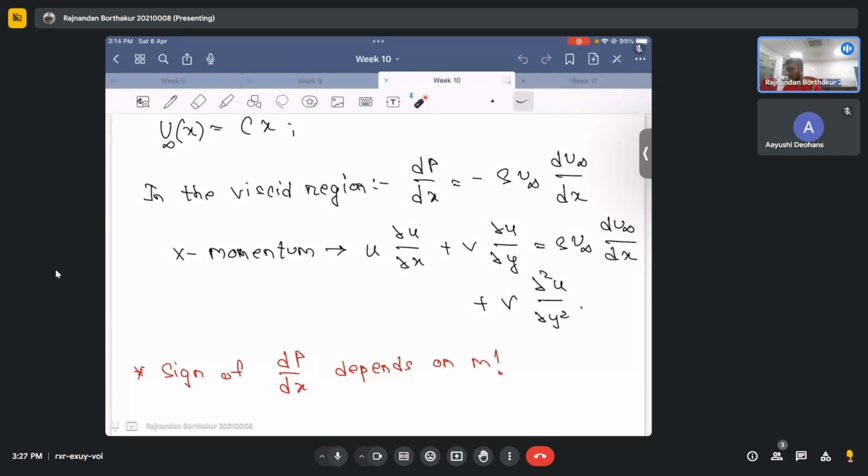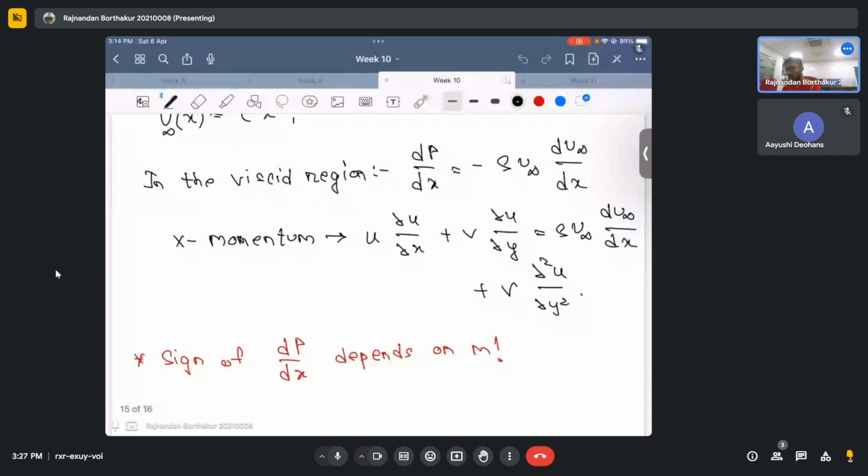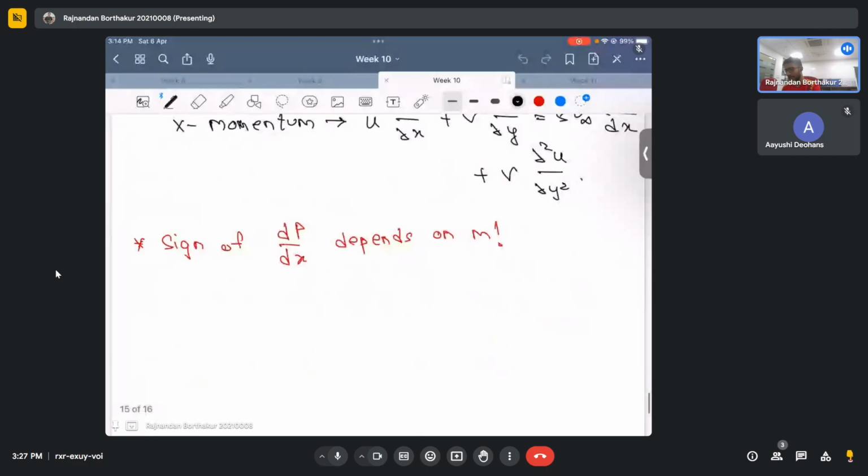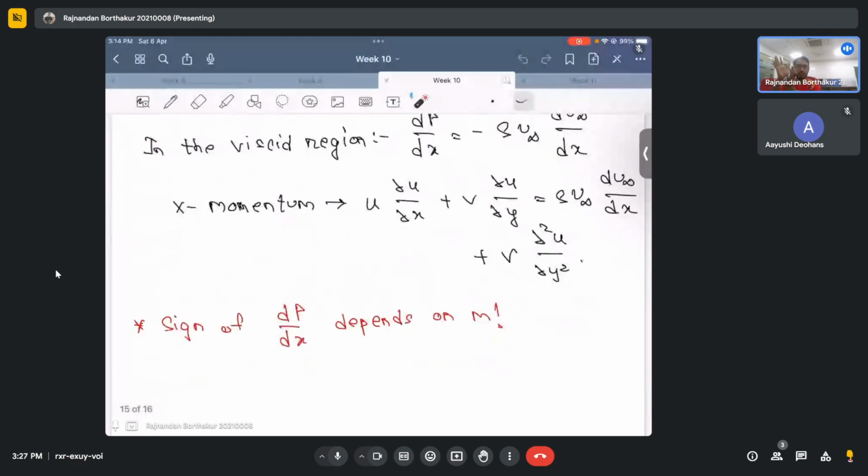Okay, so now let's do one thing and we will slowly understand. At least you now understand that this dp/dx is essentially a function of the wedge profile, so it's a function of m, and this m essentially depends on this beta, which is the wedge angle.